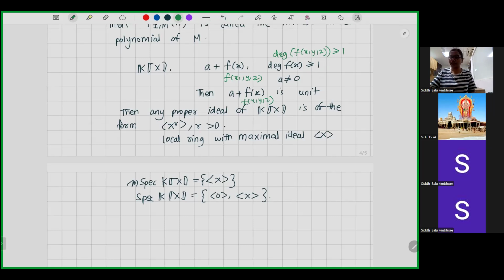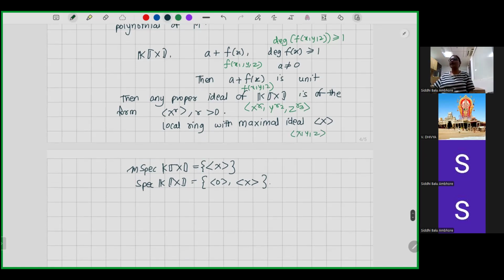And then in k[[x, y, z]], every proper ideal will be of this form: x^r1, y^r2, z^r3 maybe. And if I want to talk about the maximal ideal, it will be of this form. Note that here prime ideals will be the ideal generated by x, y, and z, and so on.